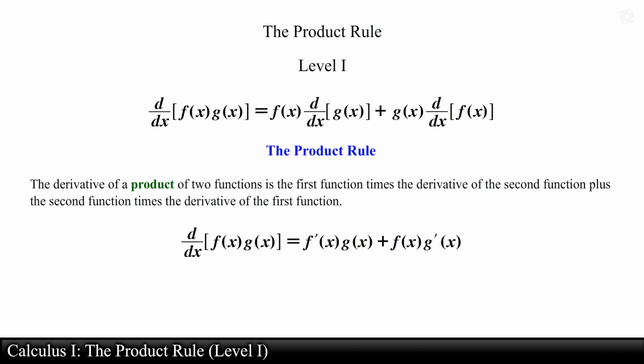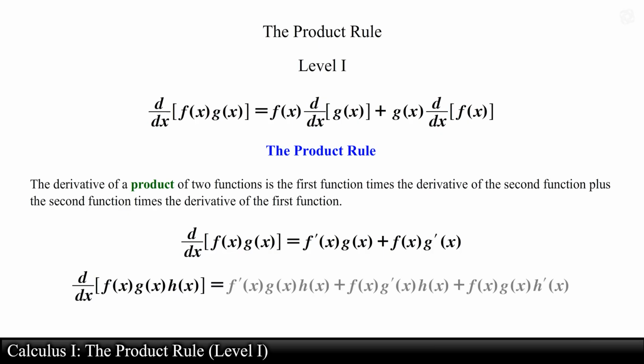For instance, the product rule can be extended to cover products involving more than 2 functions. For example, if f, g, and h are differentiable functions of x, the derivative will be equal to f prime of x times g of x times h of x plus f of x times g prime of x times h of x plus f of x times g of x times h prime of x.